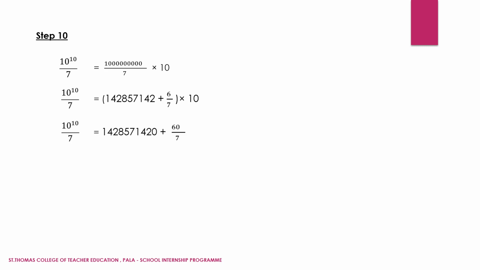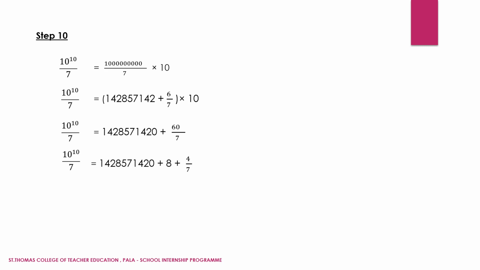Now let's go through the last step. Here we are considering 10 raised to 10 by 7 and we split it in terms of 10 and we write the number which we got from the last step instead of the first fraction. Now we apply which property? Correct, distributive property, and we concentrate on 60 by 7.